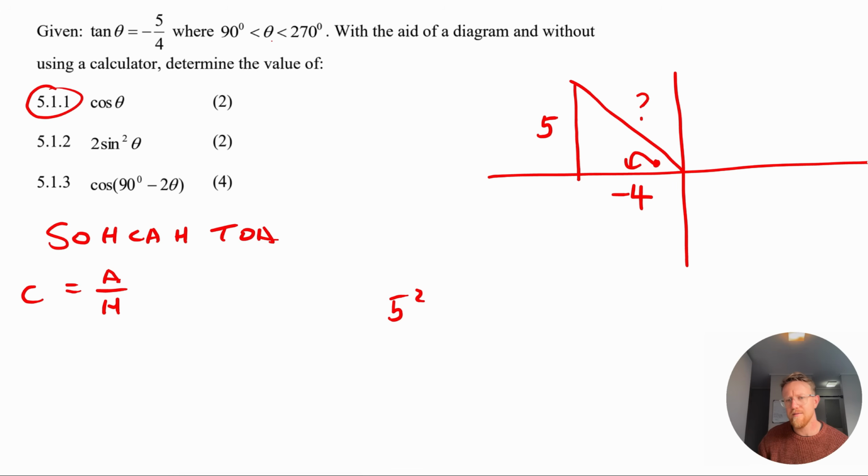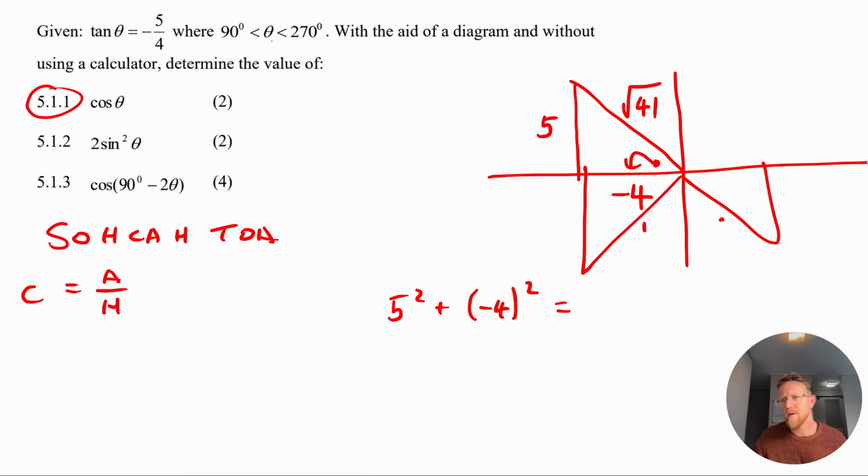And so 5 squared plus that squared, and then you must take the square root of that answer. And so you're going to get square root 41. This number must always be positive, no matter which quadrant you're in. The hypotenuse will always be a positive number, no matter where you draw it.